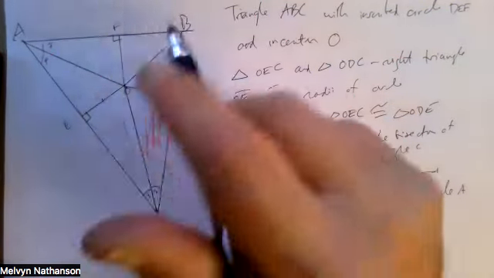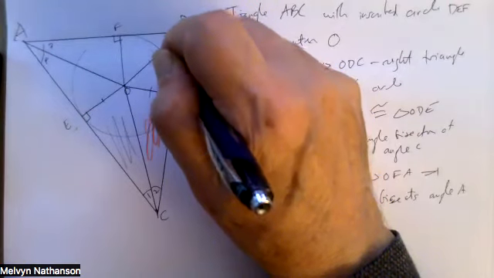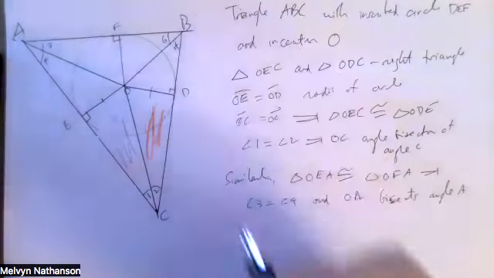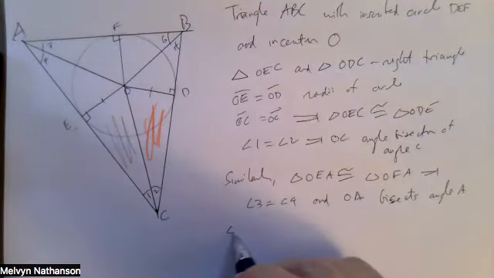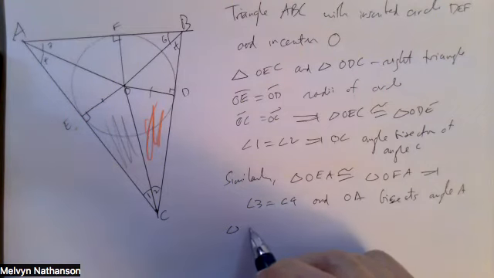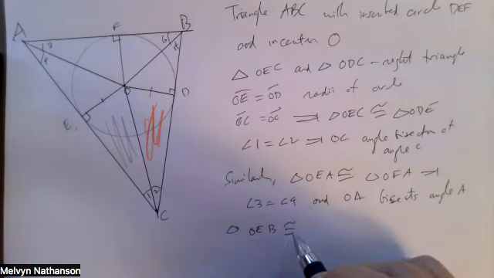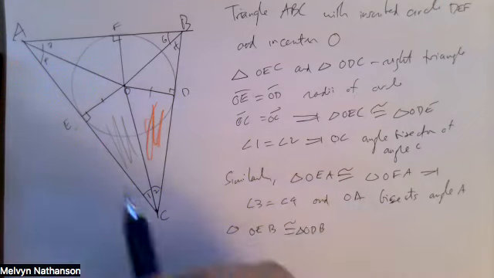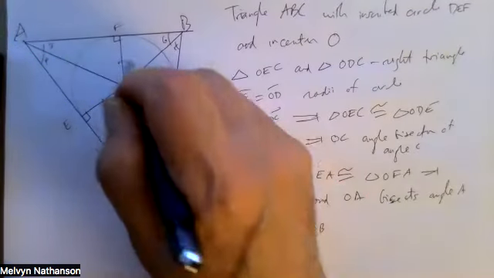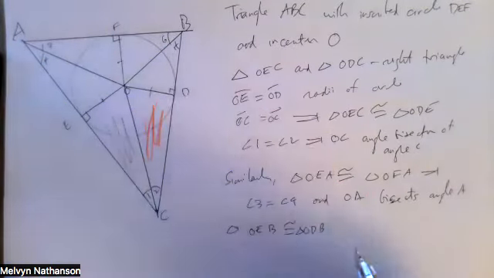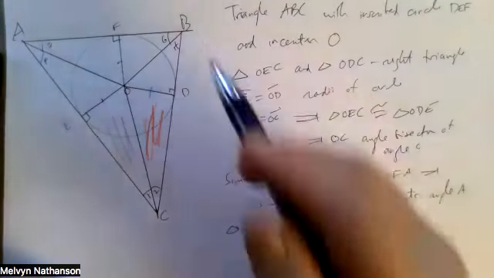If I look at these two triangles, call this angle 5 and this angle 6, triangle OEB is congruent to triangle ODB. So again, they're right triangles. The short sides are radii of the circle, so they're equal. They share the hypotenuse.